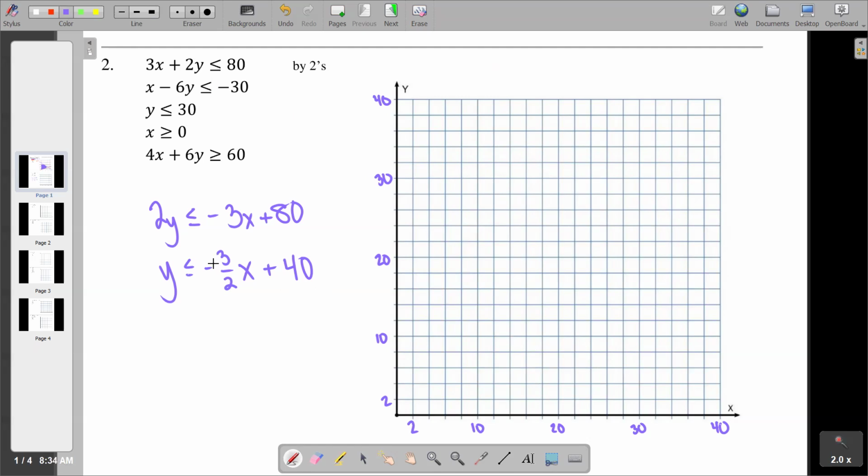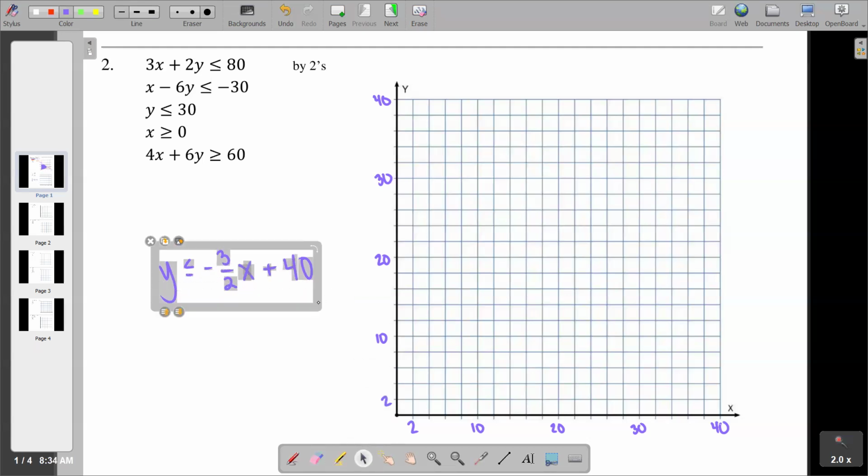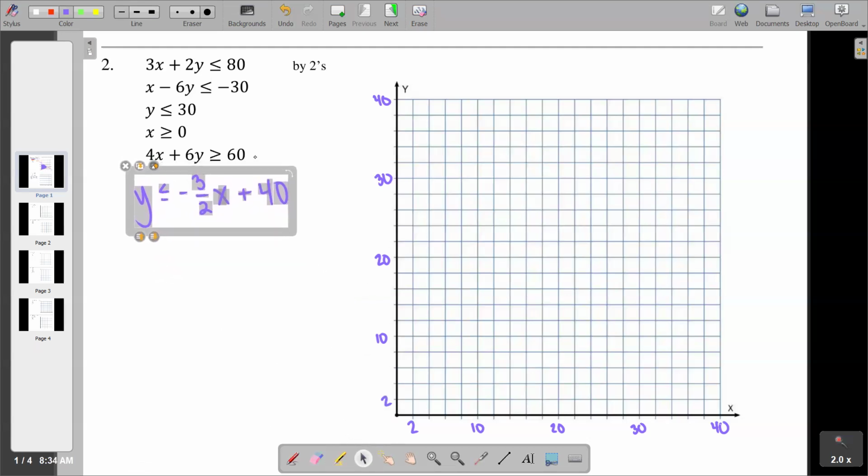And now your job is to make sure you don't make any mistakes on the other two, because there's two more where we have to get y by itself. Are you with me? I'm working on the second one. Okay. So I'll work on it also.